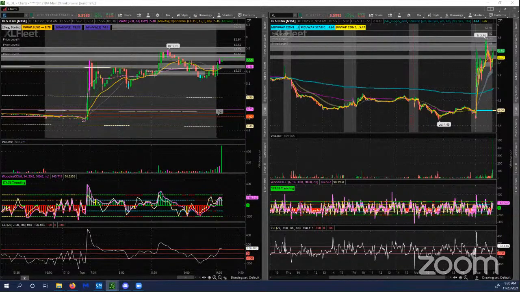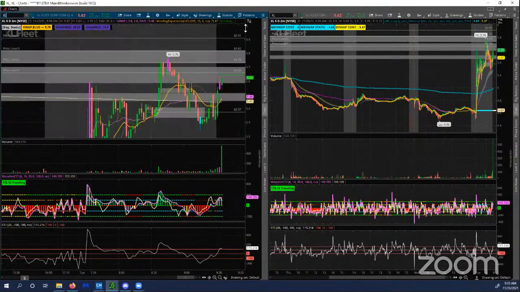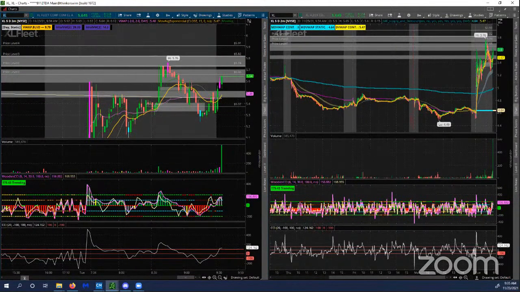I don't have anything else on my grid that's popped up other than that. I bet you G-Tech is up. It just took Laser off my grid this morning, actually.